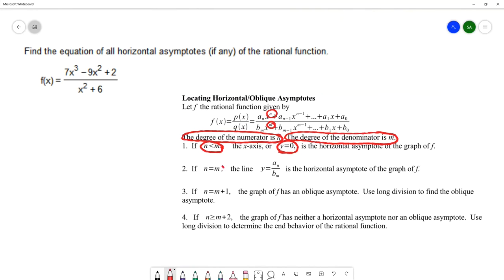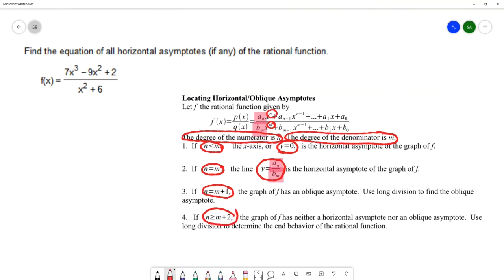If the degrees are equal to each other, then we're able to find the horizontal asymptote by doing the ratio of the leading coefficients. So let me highlight those leading coefficients, a sub n and b sub m. The ratio meaning we divide those leading coefficients. And then you have some other cases where there is no horizontal asymptote.